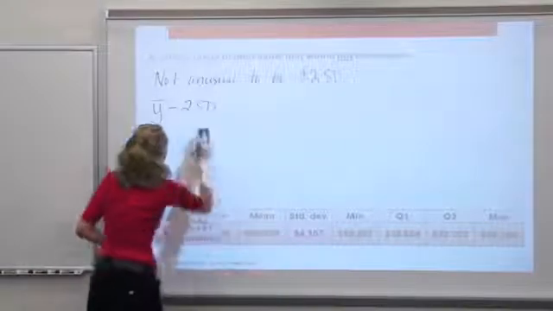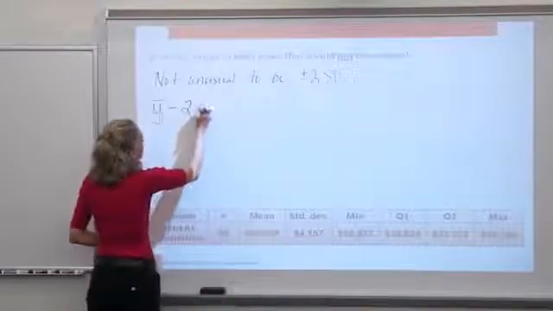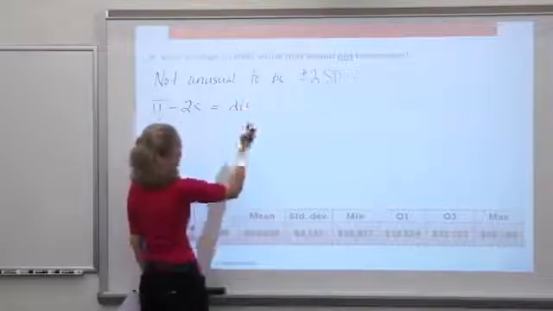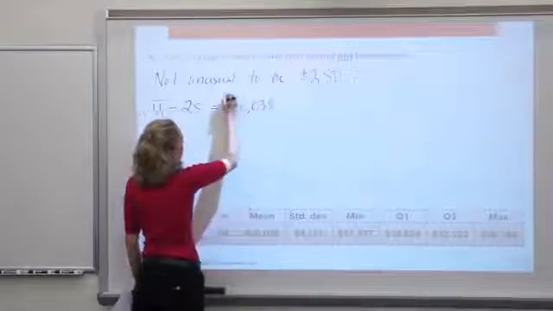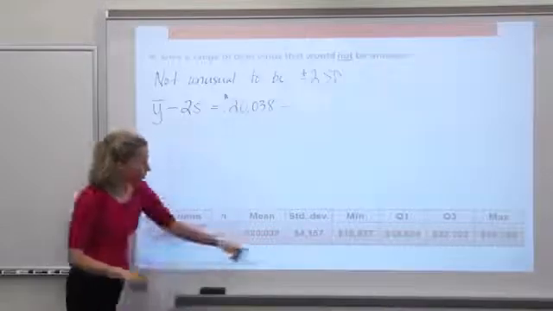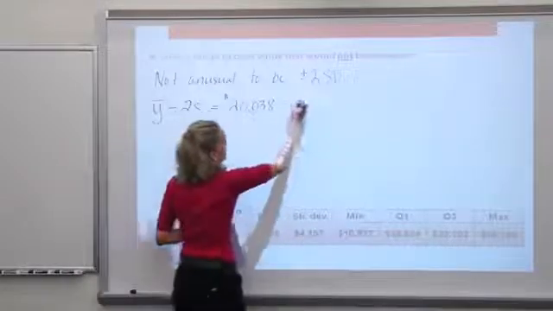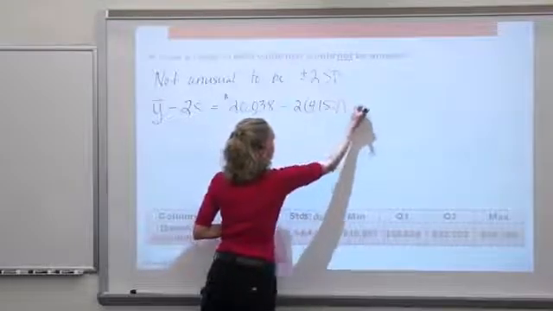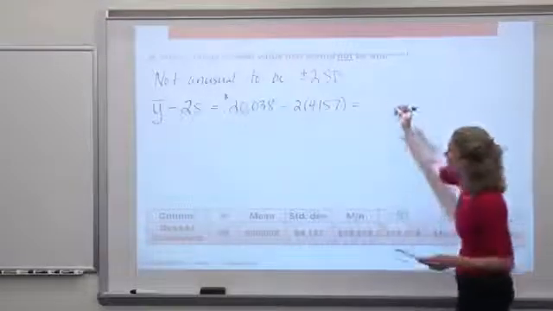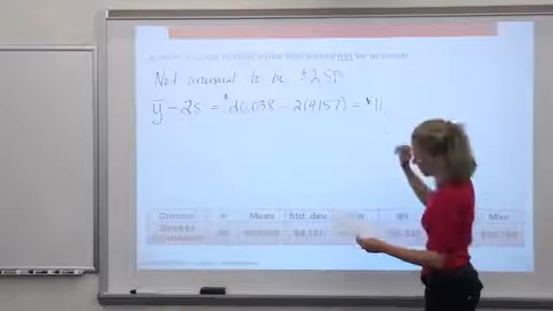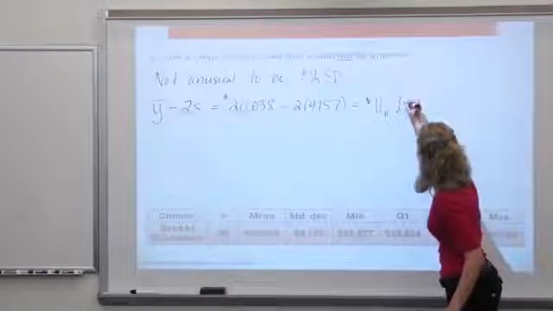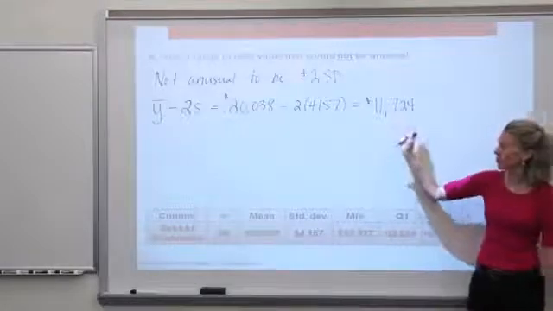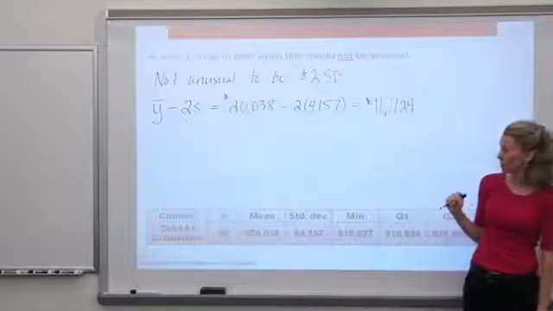I'll make that an S. So if I start at $20,038, and I subtract off 2 standard deviations, I end up at $11,724. So this would be a debt at graduation amount that falls 2 standard deviations below the mean.